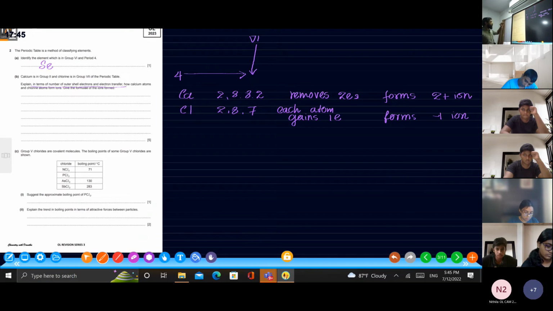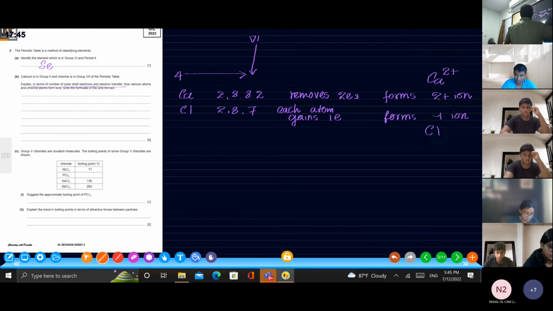They ask to explain in terms of outer shell electrons, so you can either write the electron configuration or just say the last shell electrons. Calcium has 2 and chlorine has 7. Then calcium removes 2, chlorine gains 1, and give the formula of the ion. Not only the charge, you have to give the formula of the ion, chloride.